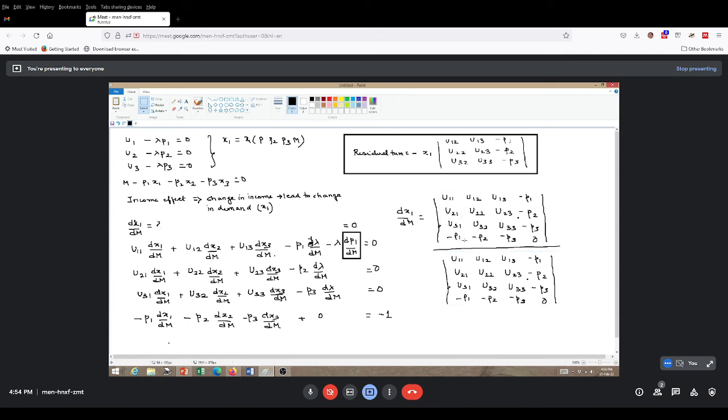The denominator will be, we remove this and we put in 0, 0, 0 and minus 1.